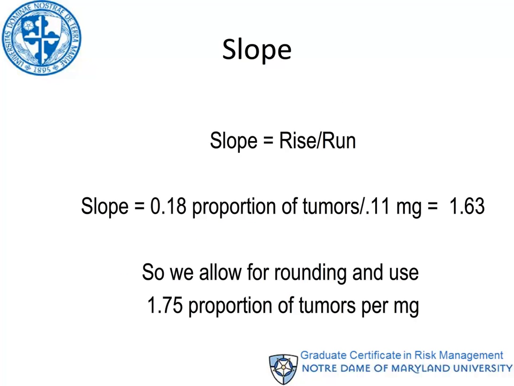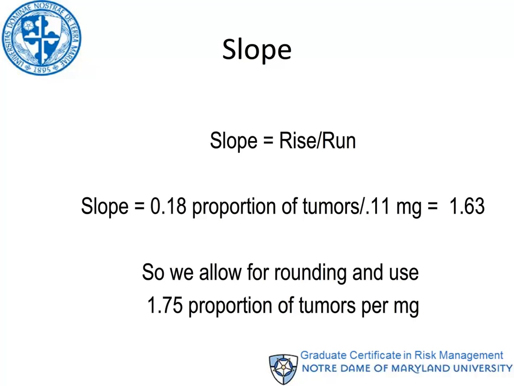The unit risk is simply the slope of the line that you just looked at. If you haven't thought about slope for a while, it was defined as rise over the run. In this case, the slope, the rise, was 0.18, and that's the proportion of tumors, and that's divided by the run, which is 0.11 milligrams.